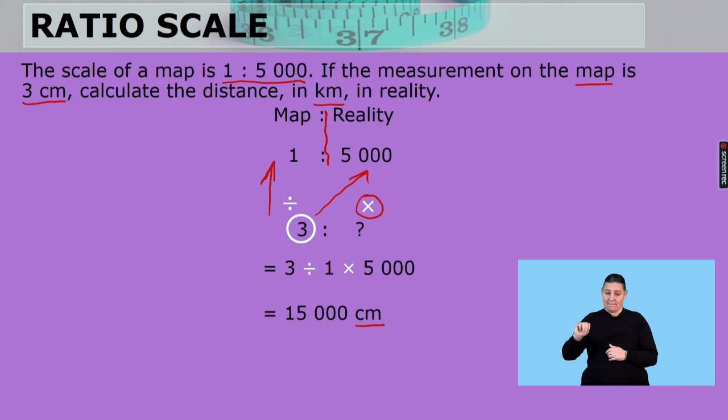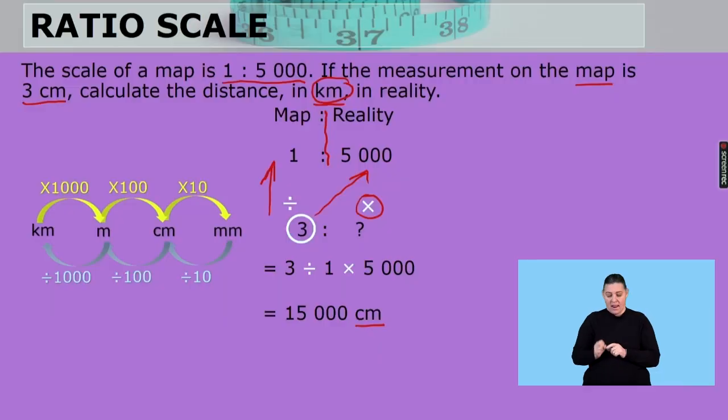Remember from the question, all the way up here, we needed the answer in kilometers. So, we've got to do some conversions. As a result of that, I've brought up that leapfrog system. So I'm traveling from centimeters here to kilometers all the way on that side.